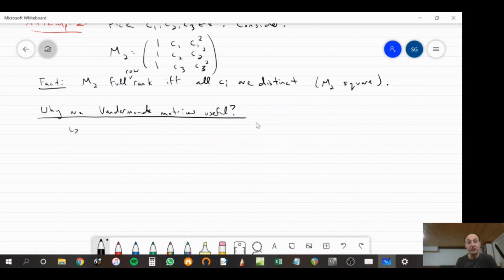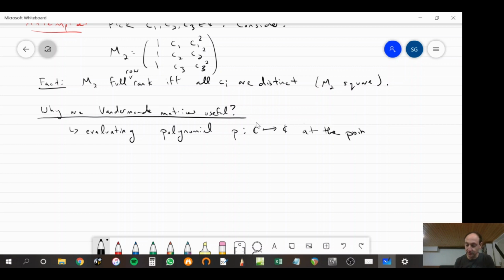So here's one application: multiplication by a Vandermonde matrix turns out to essentially simulate the idea of evaluating a given polynomial, P. Let's imagine this is a polynomial from the complex numbers to the complex numbers, at, say, the points.